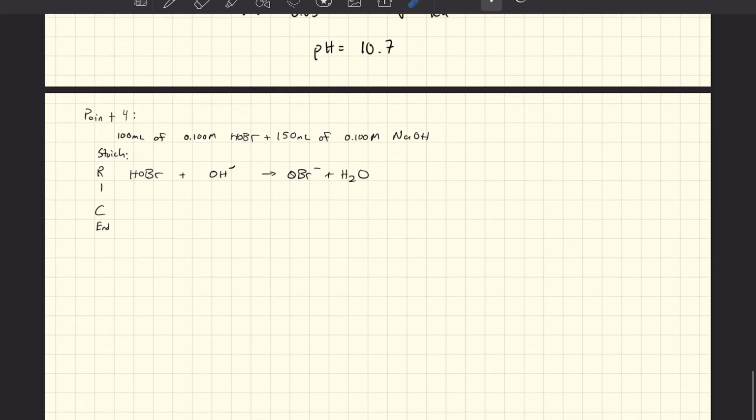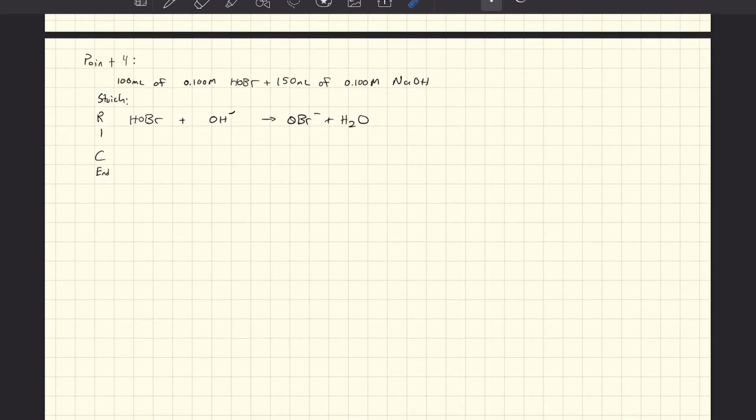Okay, onward, part 4. So 100 milliliters of a 0.100 molar HOBr, 150 milliliters of a 0.100 molar sodium hydroxide solution. Okay, so we're going to start with our stoichiometry. 0.0100 moles HOBr.